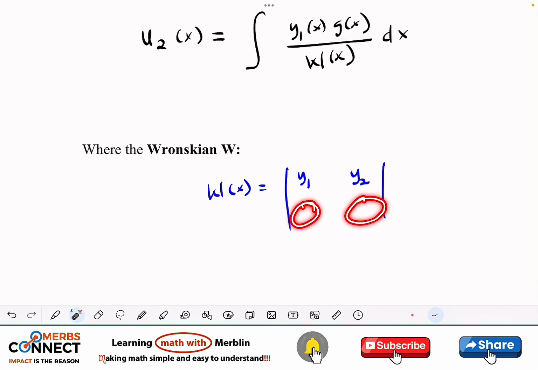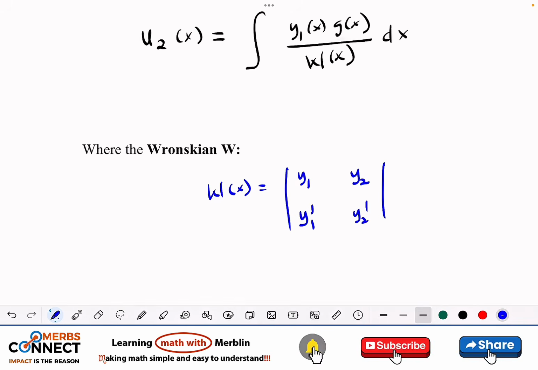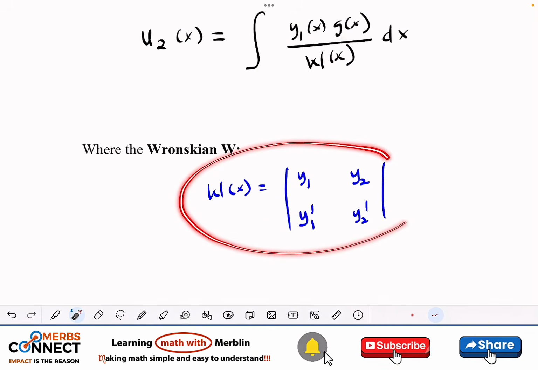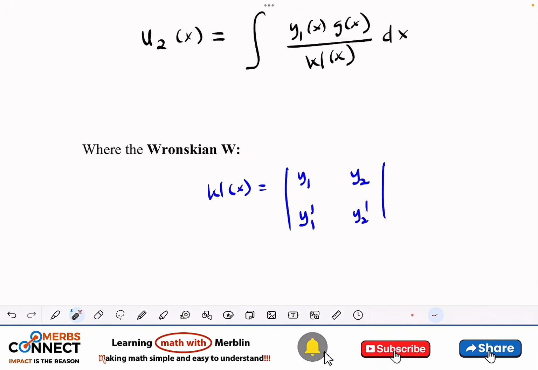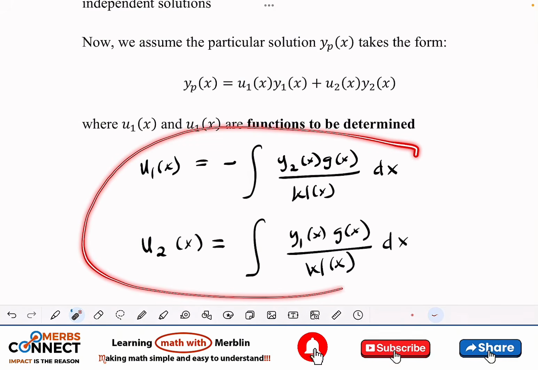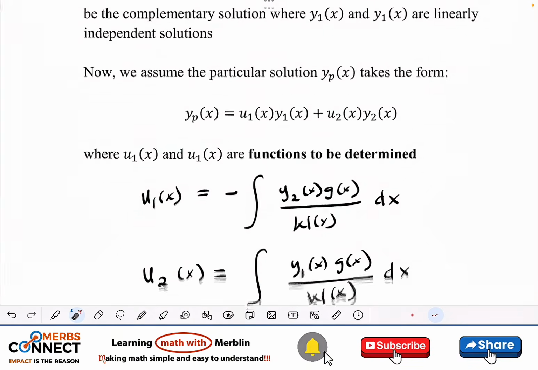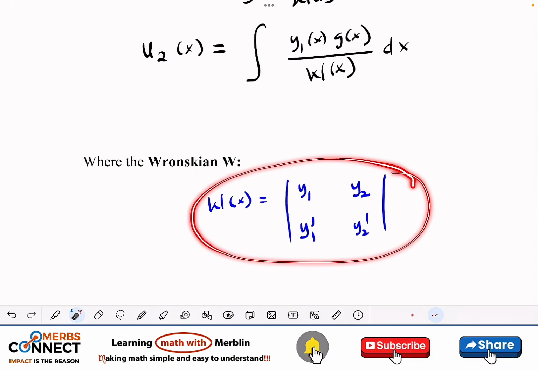The other row is just taking the derivative of each, which gives us y1 prime and y2 prime. So this is the Wronskian. We will solve an example and see how you can go through them. So please master or write down this formula somewhere, and remember the form of u1 and u2, and remember the Wronskian.